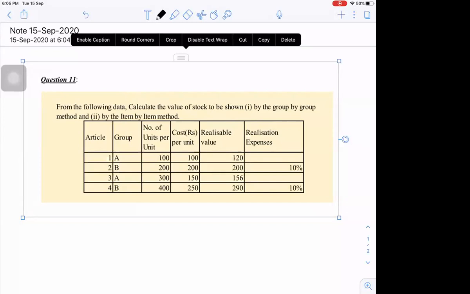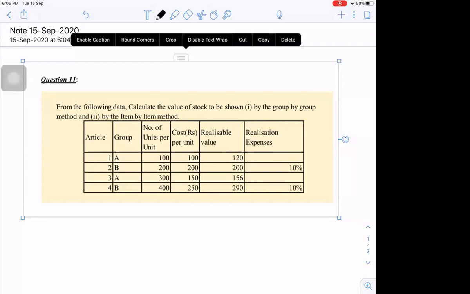Groups A, B, A and B. Units 100, 200, 300, 400 respectively. Cost stands at 100, 200, 150, 250 respectively. Realizable value is 120, 200, 156 and 290. And realization expenses for one B is 10%, and the other B is also 10%.